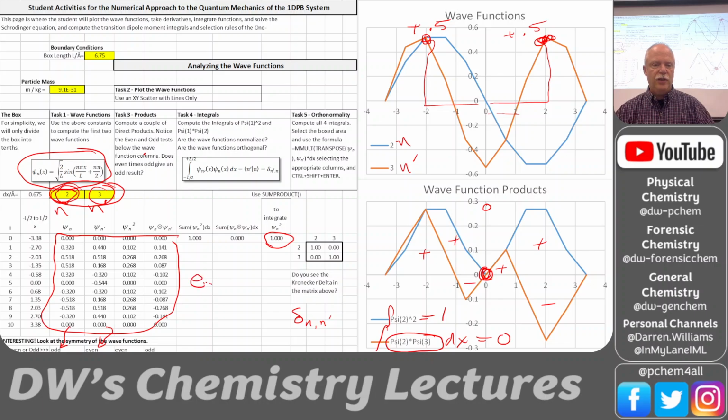Now we have certain multiplication rules too. So an even function times an even function gives an even result. So let me go ahead and label this blue one O for odd. And then what if we had an odd times an odd function?